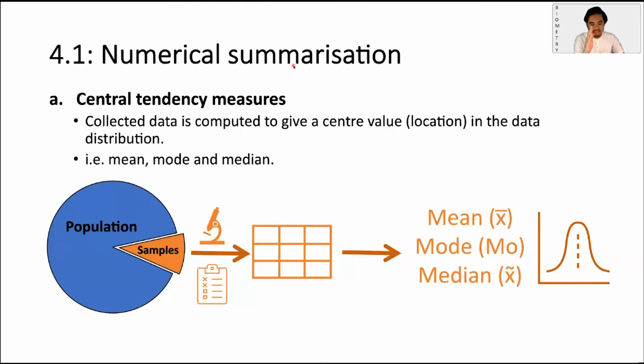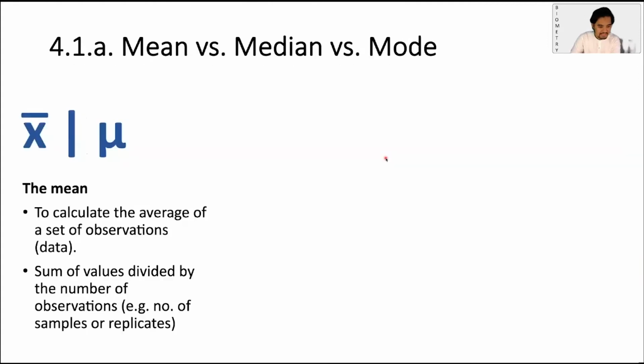The mean, the median, and the mode are considered central tendency measures. It is measuring the average, the purata in Malay, of your data.